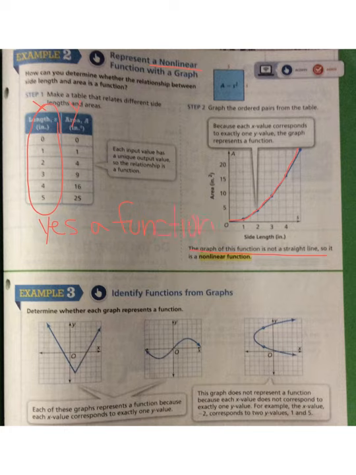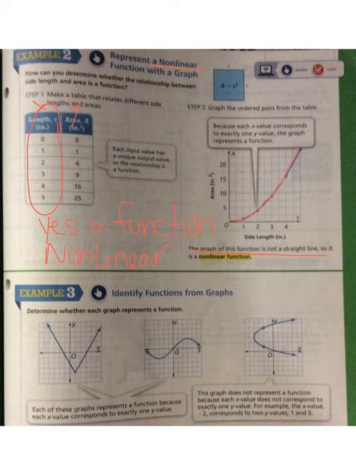So we have, yes, a function, but this is nonlinear, meaning my line is not straight. Okay, so again, we're looking at two different things here. Now let's look at example 3, and this is where we're going to get into identifying functions from graphs.